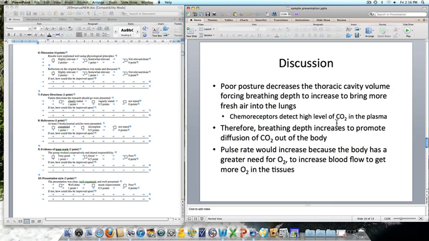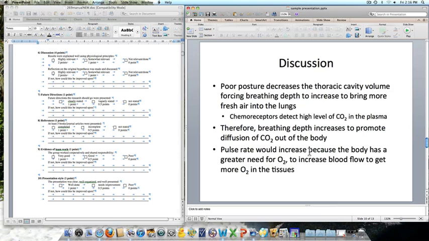So what this group does is they talk a little bit about the physiology, but then they reflect on their original hypothesis, meaning that they look at breathing depth. And if you remember back to their hypothesis, they stated that breathing depth would increase, and that's actually what they found.